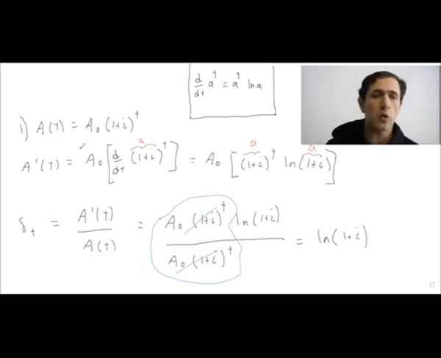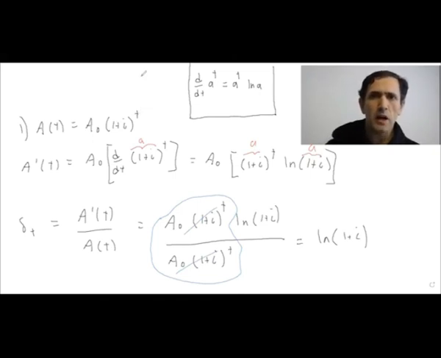We will show that if you are given a constant force of interest, you can recover the compound interest formula, A of t equals A naught times 1 plus i to the t, just from that constant force of interest.